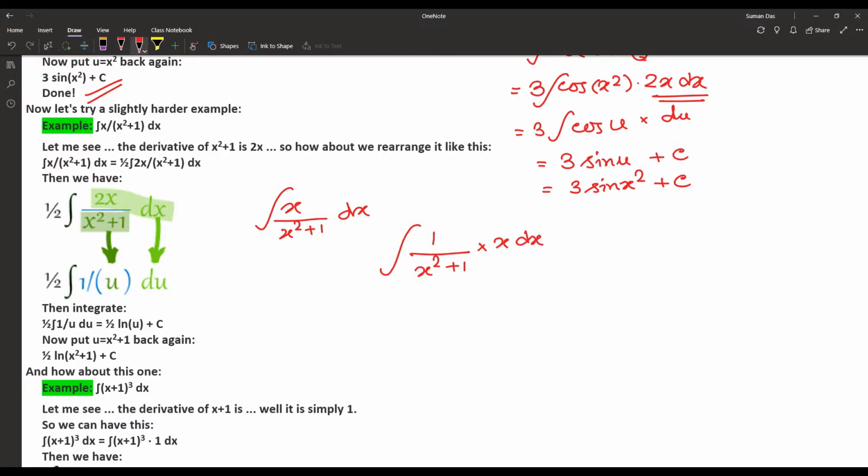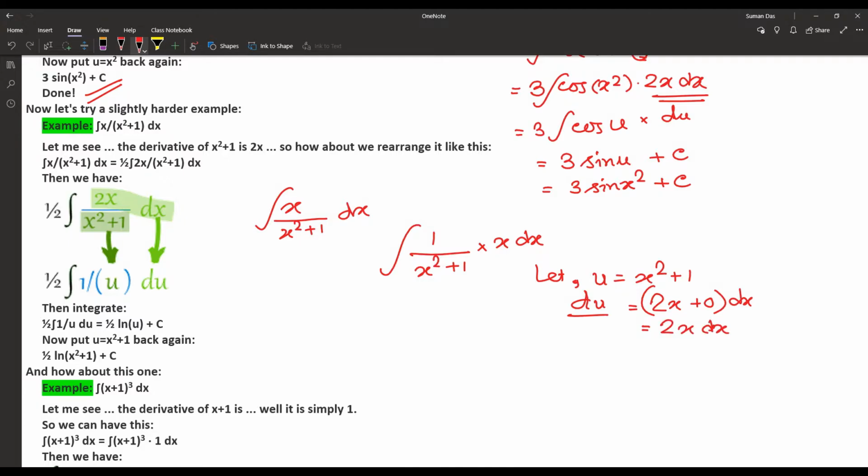Now let us substitute x square plus 1 as u. So we get du is equal to 2x plus 0, which is particularly 2x dx.